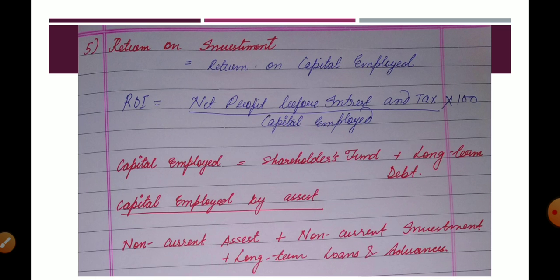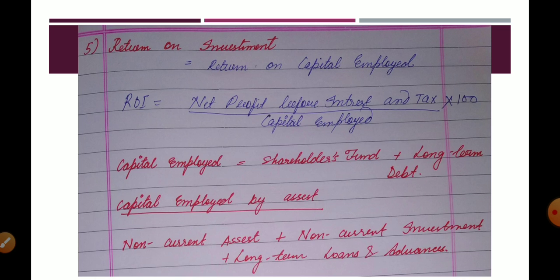Non-current assets are equal to tangible assets plus intangible assets plus non-current investment plus long-term loans and advances. So this formula is not only based on the P&L but also based on the balance sheet. If you have a clear view of both of the formats of the statements, that is balance sheet and P&L, you are able to calculate the ratios.